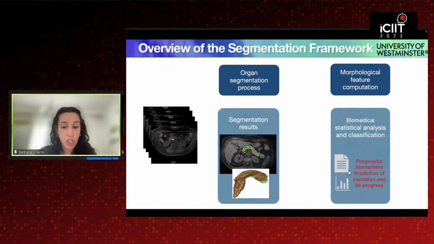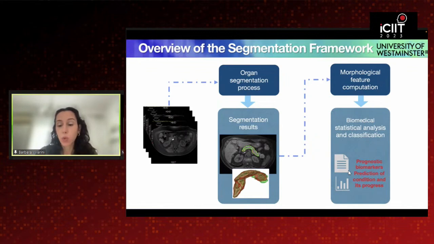So the initial input is a 3D medical volume, as you can see, that goes through a segmentation process in order to get a 3D accurate reconstruction of the organ of interest. In this case, in this slide, you can see the pancreas. And the segmentation result is then processed through a biomedical model, which computes all the morphological features for the final prediction of a condition or for the evaluation of its progression.